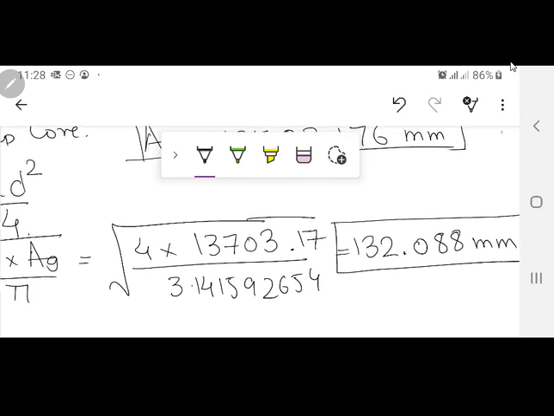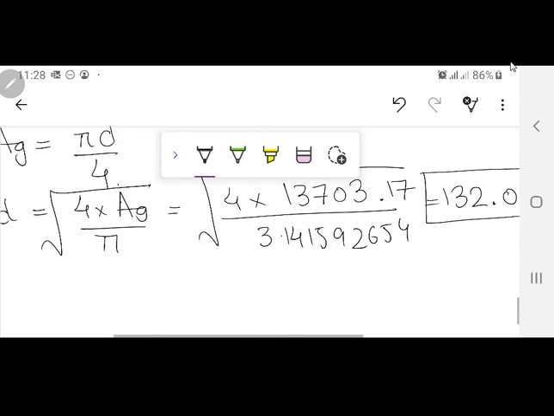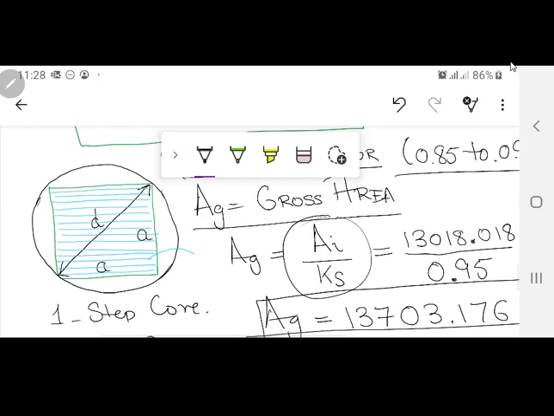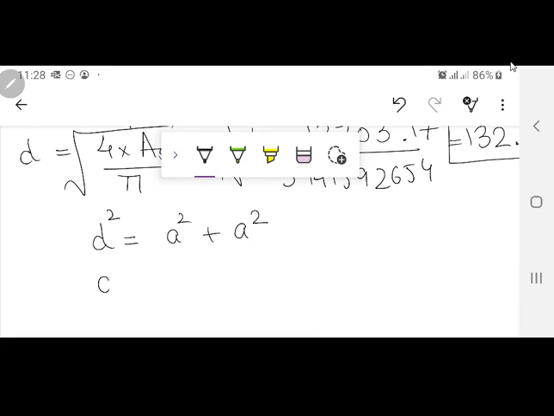Now when you have got this D over here, can I write D square is equal to A square plus A square? Pythagoras theorem. Single step 4. So from here, can I find A equal to D square by 2 under root 2?